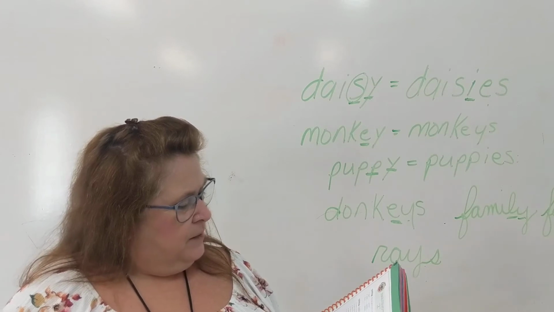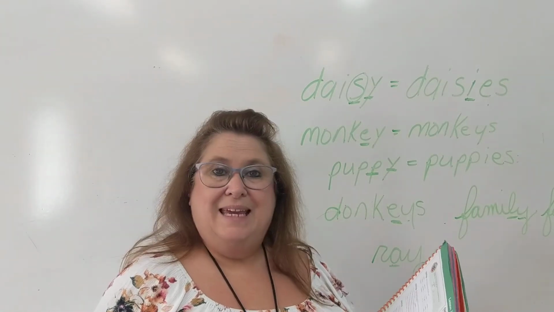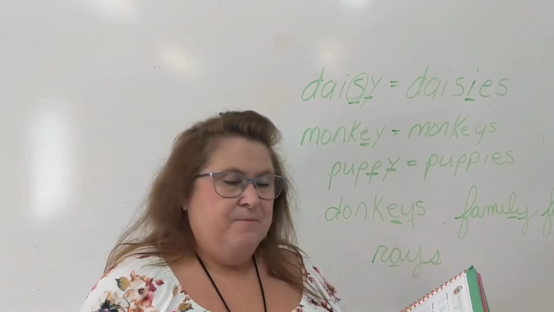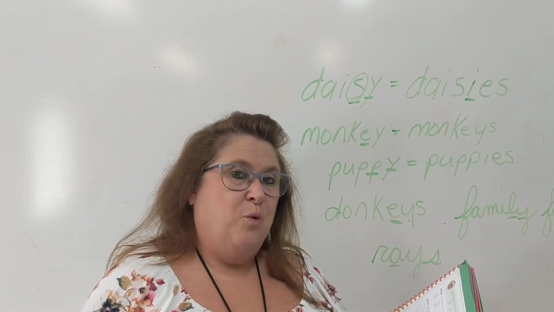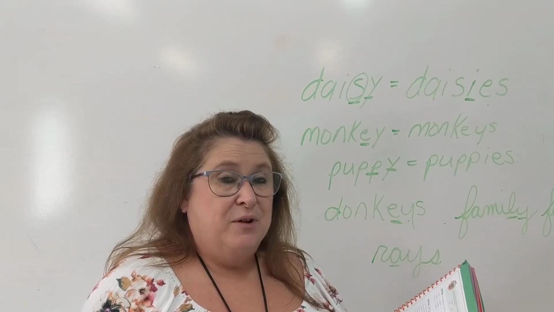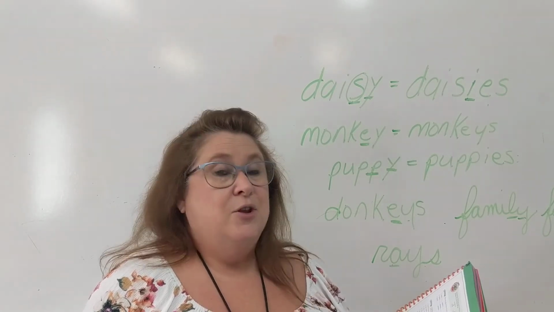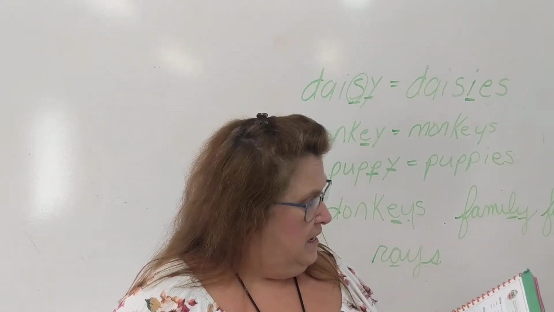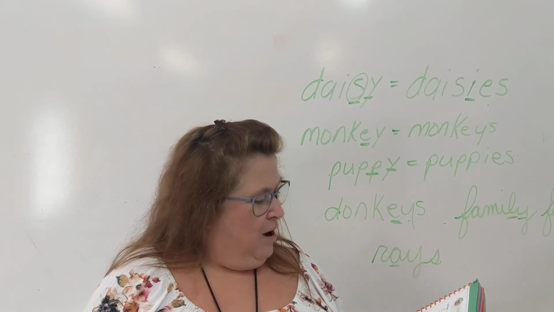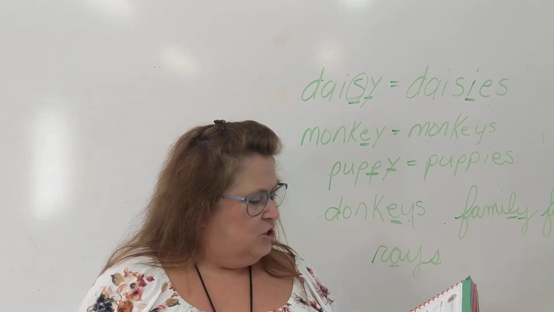Number 4, can you help me find my keys? Asked Mrs. King. So look at your letter in front of your Y. It is a vowel. Do we change our Y to I if there's a vowel in front of our Y? No, we just add S to the end, keys. Number 5, Andrew and Stephen washed the windows at church.